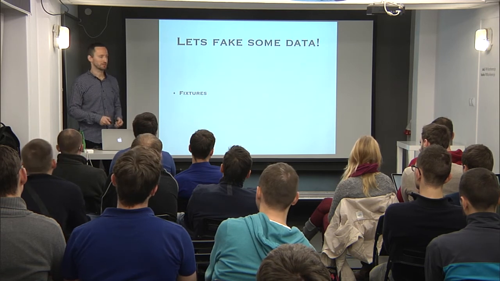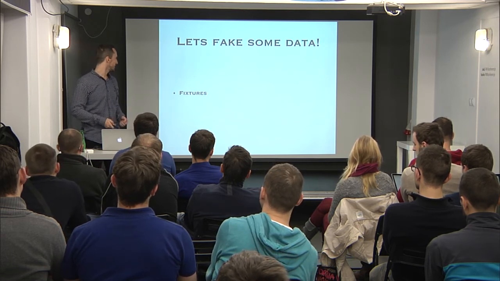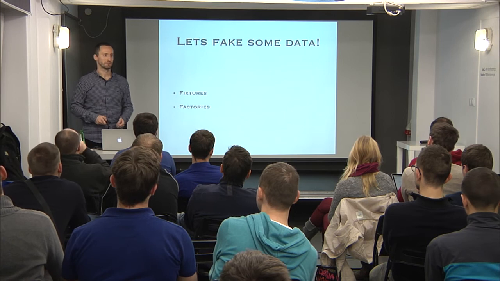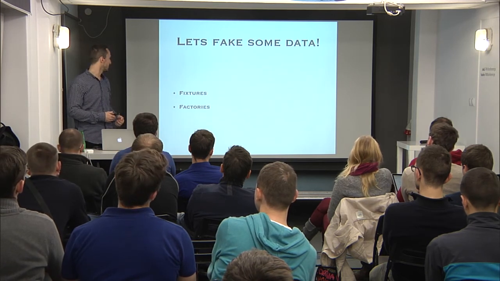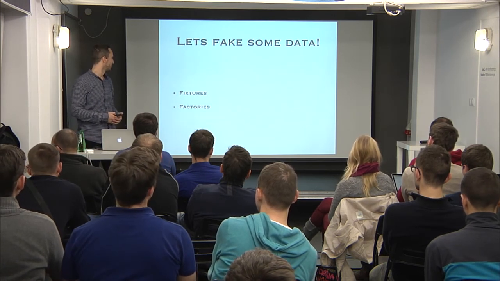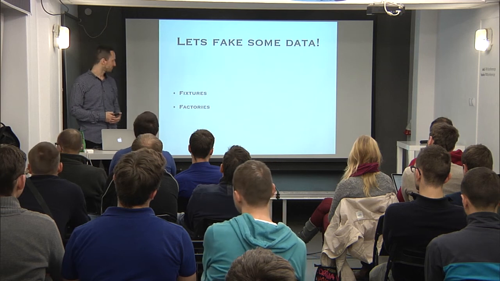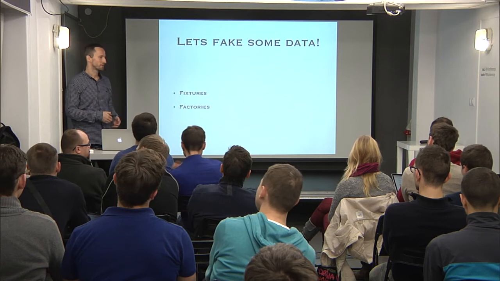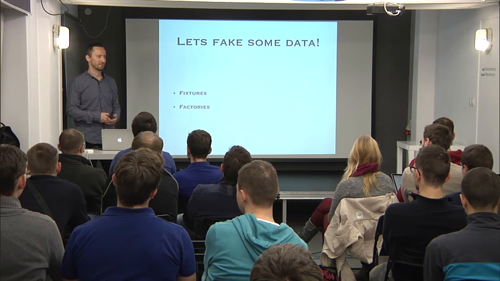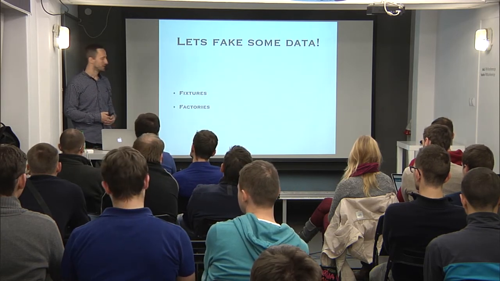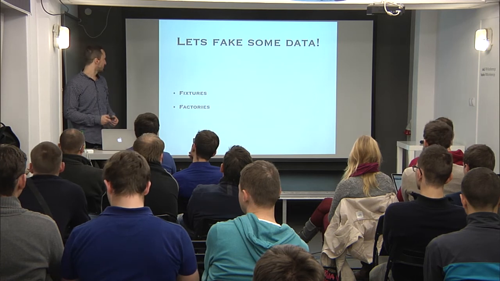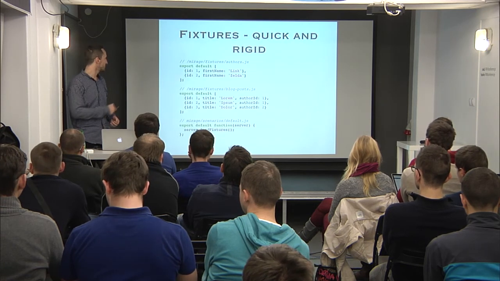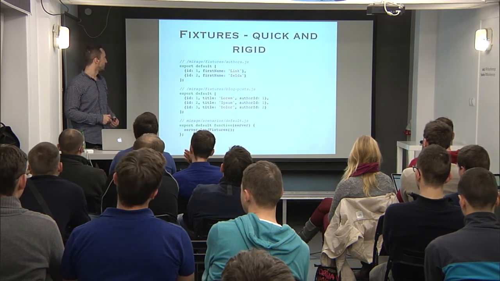Fixtures, which are just static data, and factories, which, if you are familiar with some testing suites of other languages like Rails and RSpec, are the factories to generate some test data for you. So the fixtures are pretty simple.